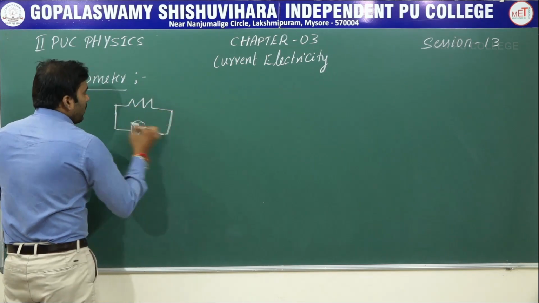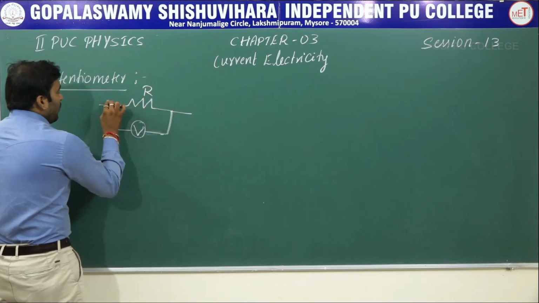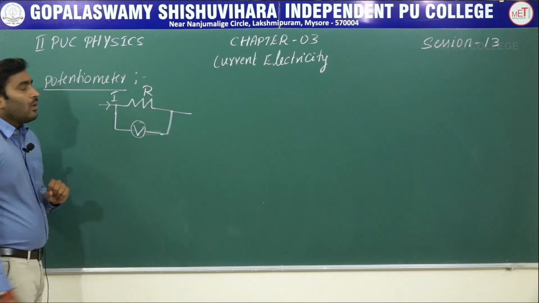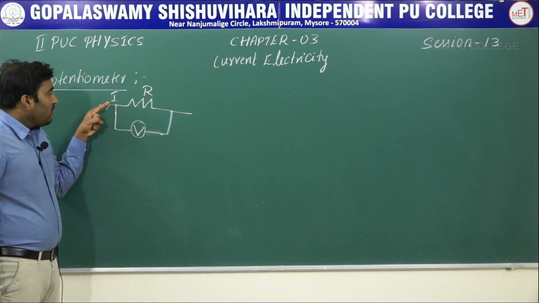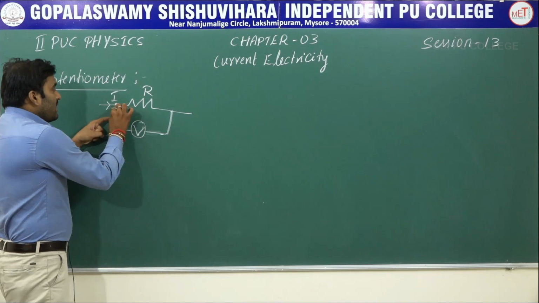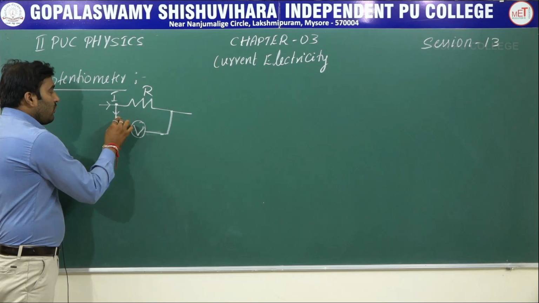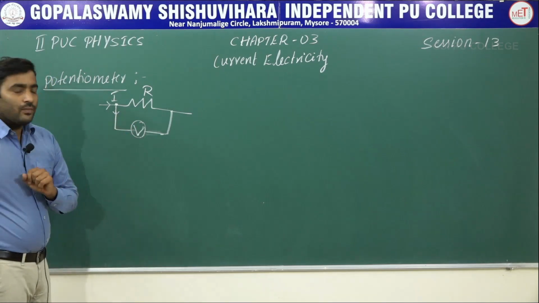If I consider a voltmeter, if this is a resistance R, and the current flowing through it is I, here we have a junction, so a little bit of current also flows through the voltmeter.